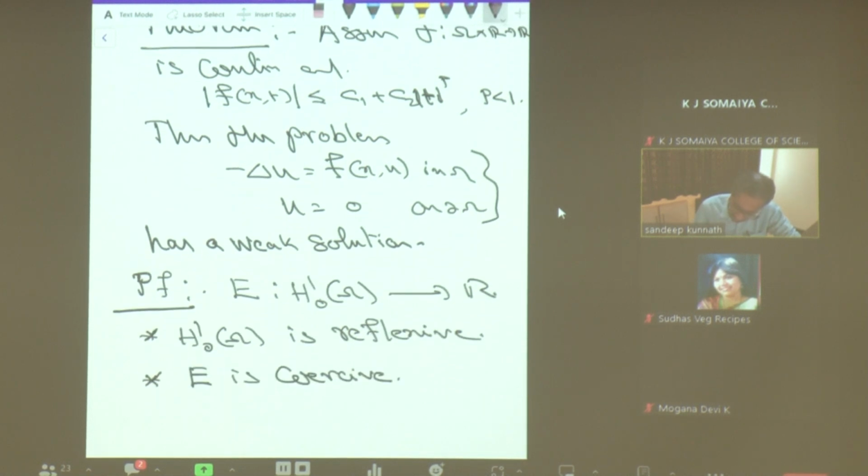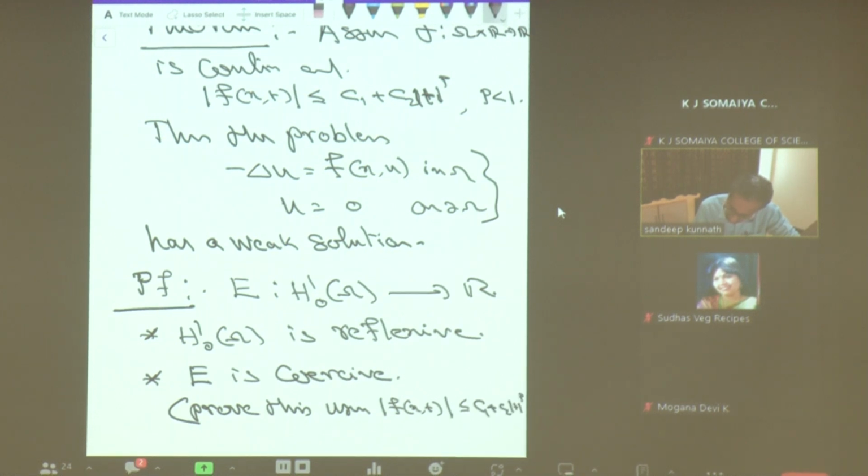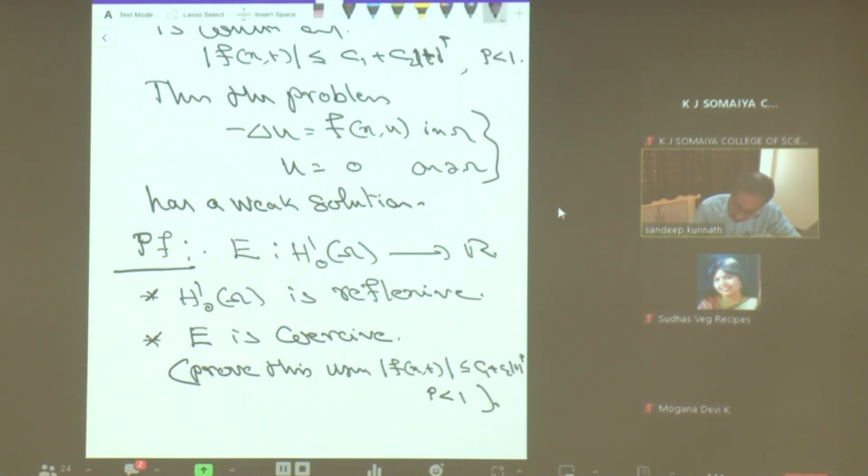This basically follows, we can prove this using the growth assumption, |f(x,t)| less than or equal to c1 plus c2 into |t| to the power p, with p strictly less than 1. This will help you to prove that it is coercive.